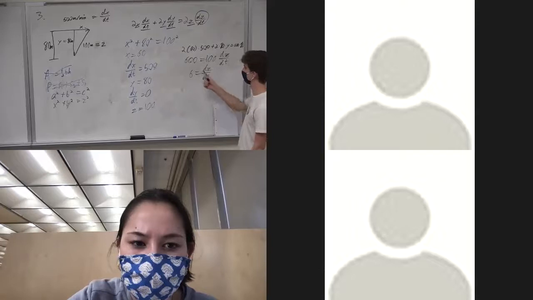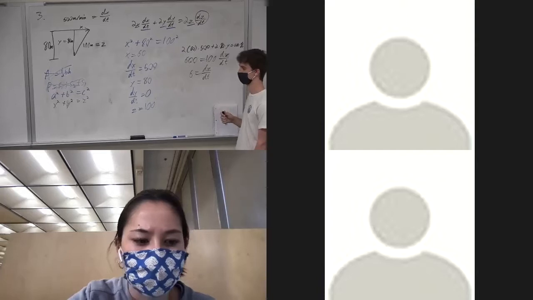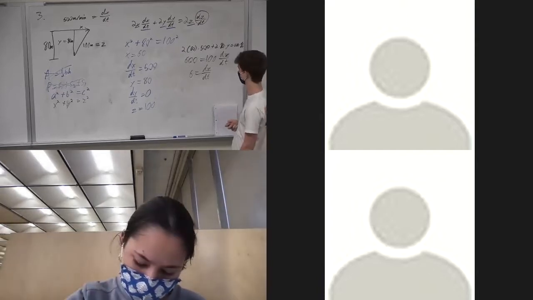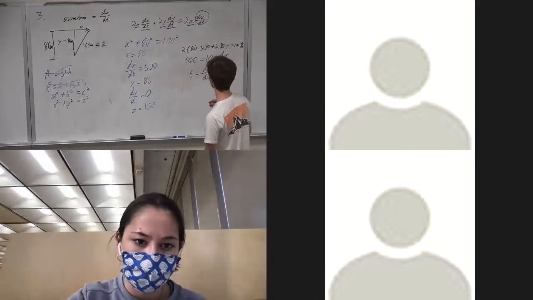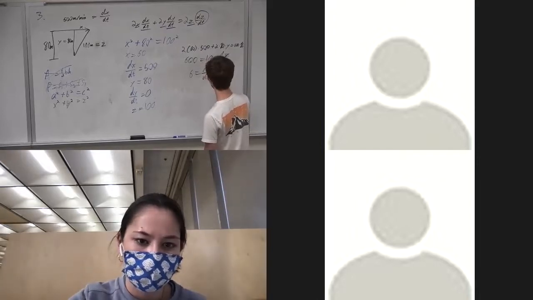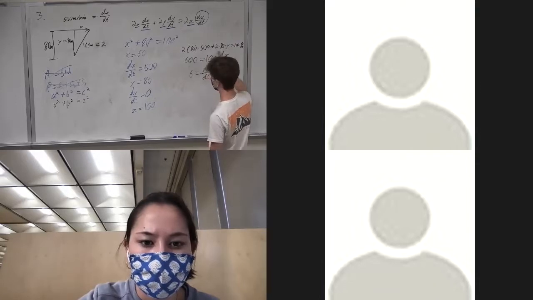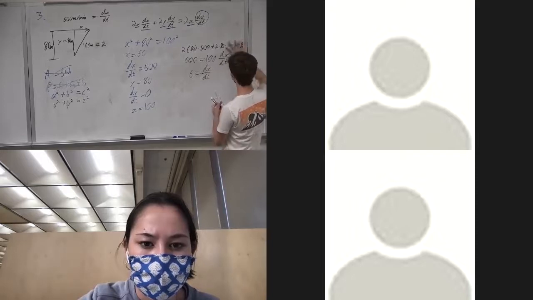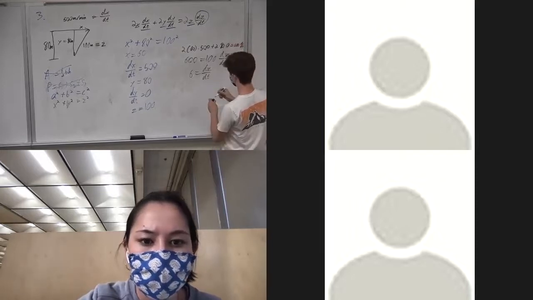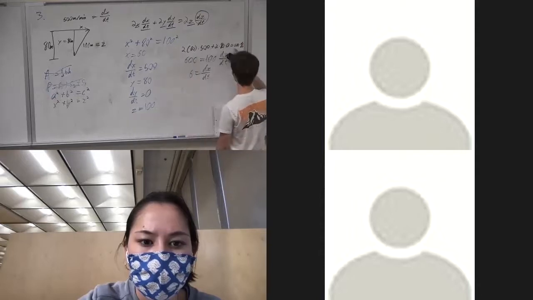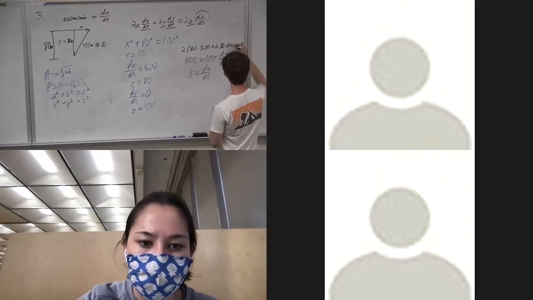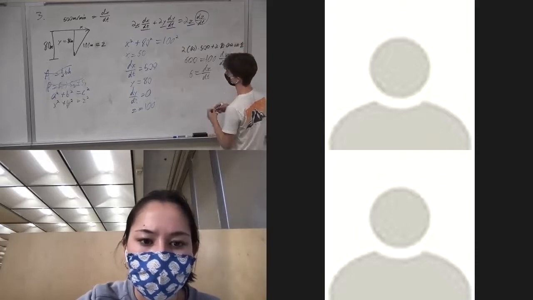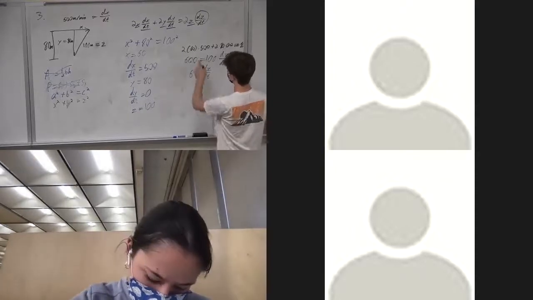Is this what you guys got when you plugged everything in? Can you hear me when I talk quietly like this from over here? I got 300. That would honestly make more sense. Isn't dy by dt 0? I think you just forgot to multiply. There's a 2 there, and then the x part is supposed to be 60,000, when you multiply 2 times 60 times 500.